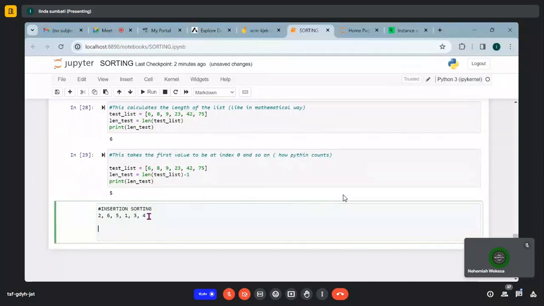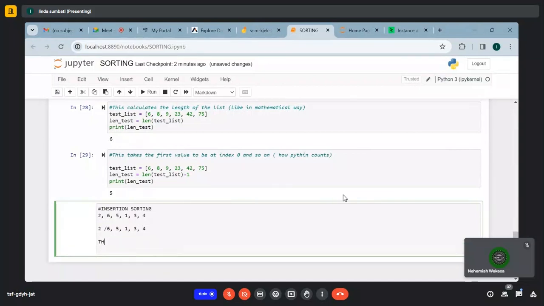So it believes that 2 is already sorted, because it is the first element.